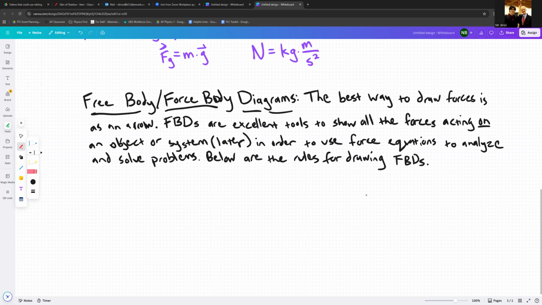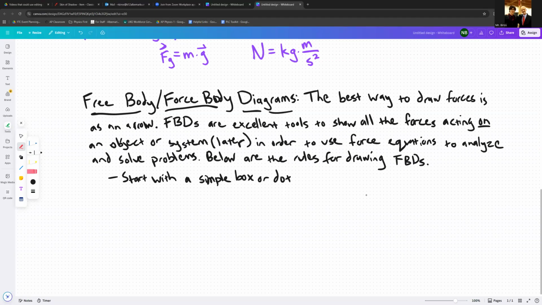First off, you want to start with a simple box or dot. I prefer boxes. AP prefers their dots. I just think on a box, you can not only label what it is, which is our next rule, or way to tell what object you're talking about, I think it's easier to label inside a box. And then it's also easier to draw a bunch of forces acting on a box because you've got more room to draw instead of just a little dot. But AP tends to stick with dots.